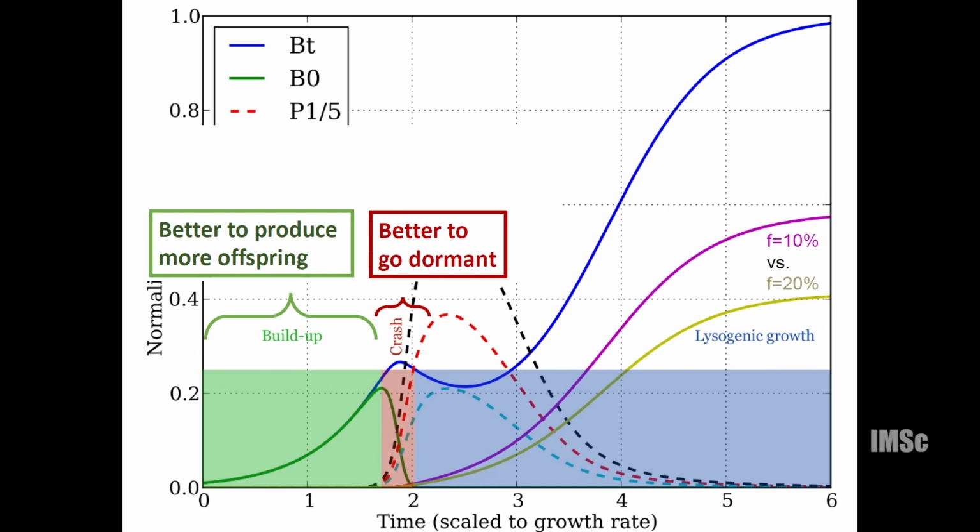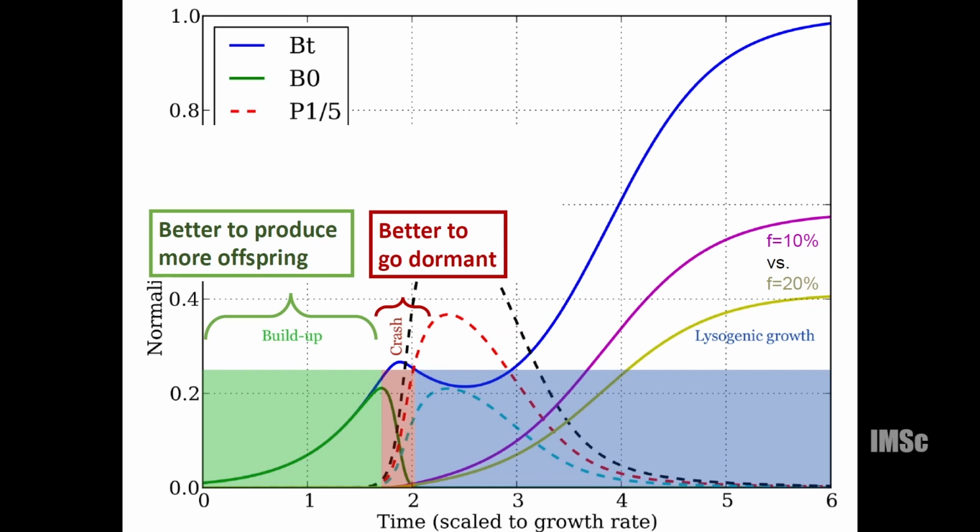So what you really need to do is to have more lysogens at this point. In order to have more lysogens, it would be nice if you went lysogenic in every infection that you did in this phase. But the problem is, if you did lots of lysogenies right from the beginning, you wouldn't have a very high population out here in the first place. So there's a pull in 2 different directions. You want in this crash part to have lots of things go lysogenic.